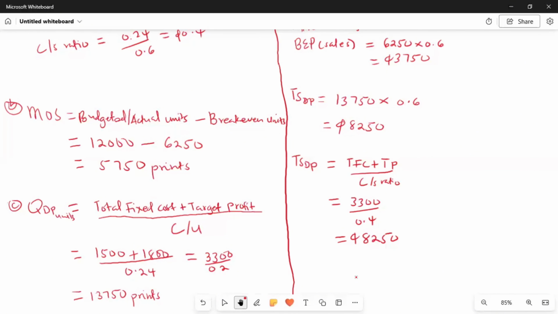But if they say after tax, it means after the tax has been deducted, you get it.